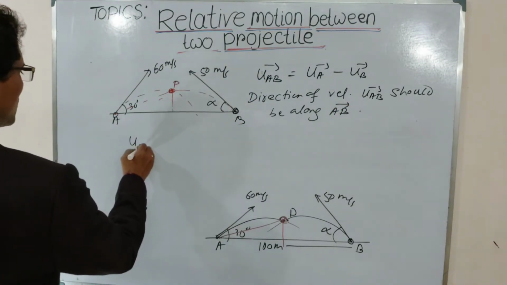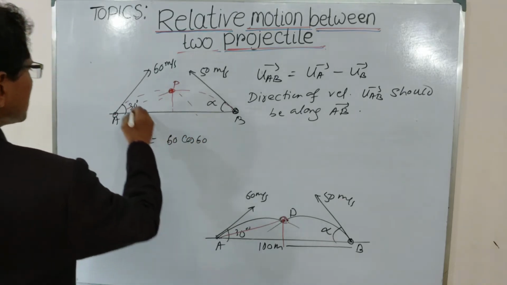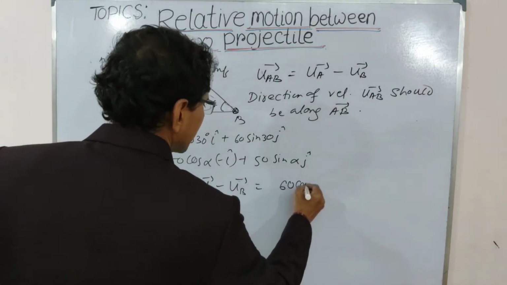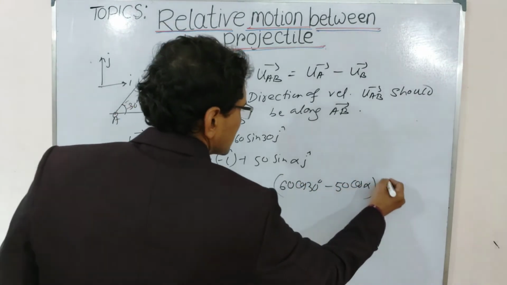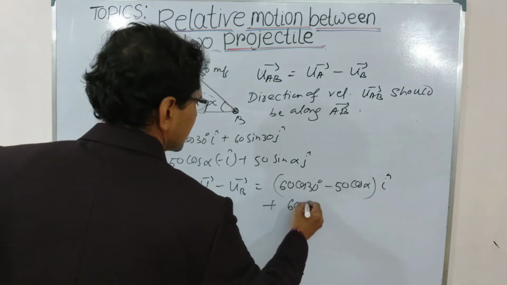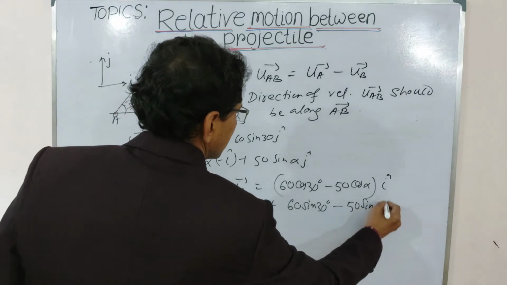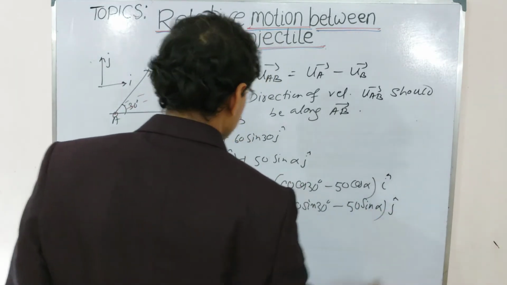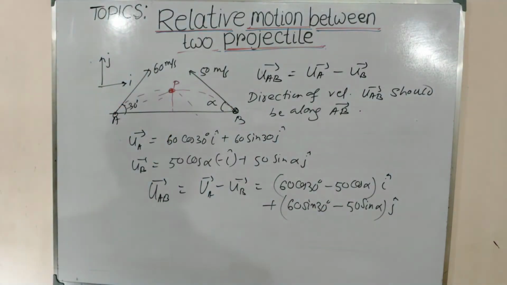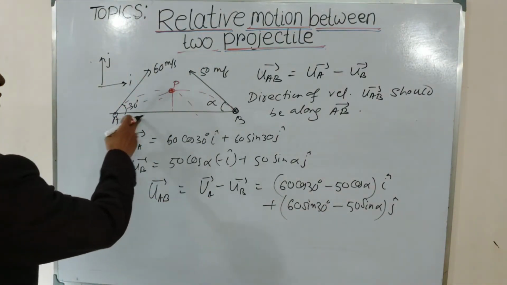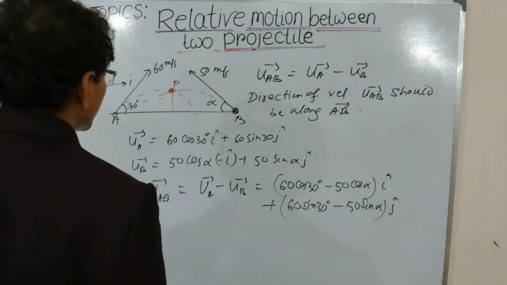Now find UA. UA equals 60 cos 60. So UAB equals this.